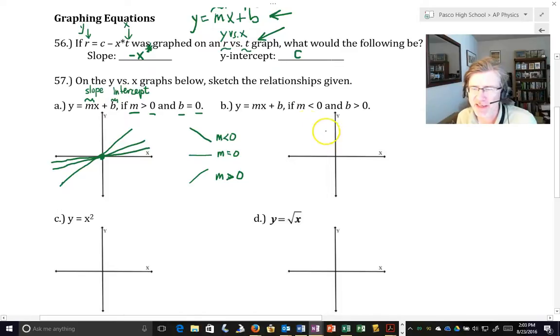For B, if m is less than 0, what we said is the slopes have to go down. But if b is greater than 0, these are all lines that go through points here where y is greater than 0. So let's see if I can do a bunch of lines here. The slope goes down. So this line here is a solution. It has slope less than 0, and it has a y-intercept that's greater than 0. This line here also works.